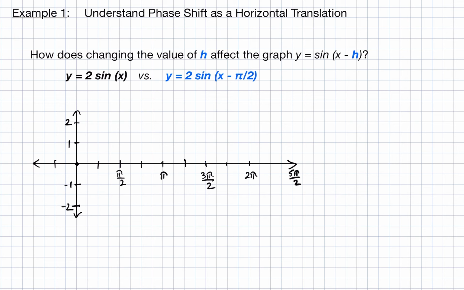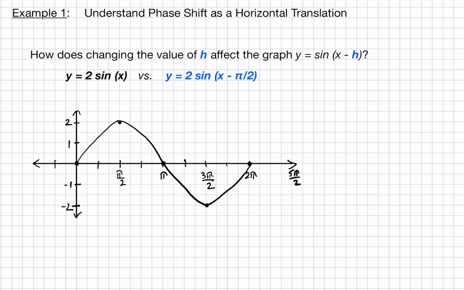So with sine functions, we always start at the origin, so we're going to plot a point there, and then at pi over 2, we're going to reach our maximum amplitude of 2, and then at pi, it's going to be 0, and then at 3 pi over 2, we're going to be at negative 2, and then at 2 pi, we go back to 0. So the graph of this function would look something like this. So that's our y equals 2 sine x.